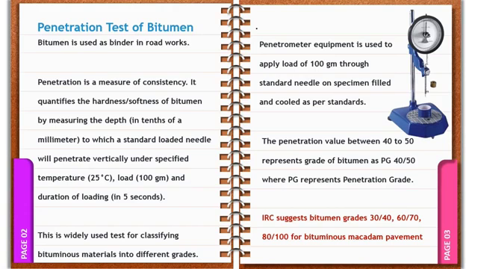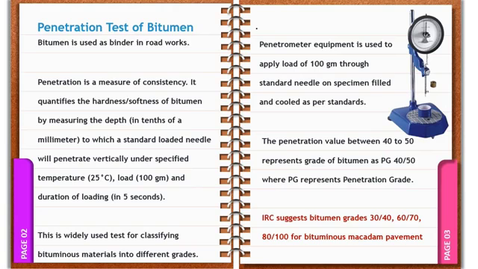Hence, say a given sample has a penetration value of 44, that means it has penetrated to a depth of 4.4 millimeter. Since the scale on the equipment is in terms of 1/10 of a millimeter, the 4.4 millimeter will be translated to 44.